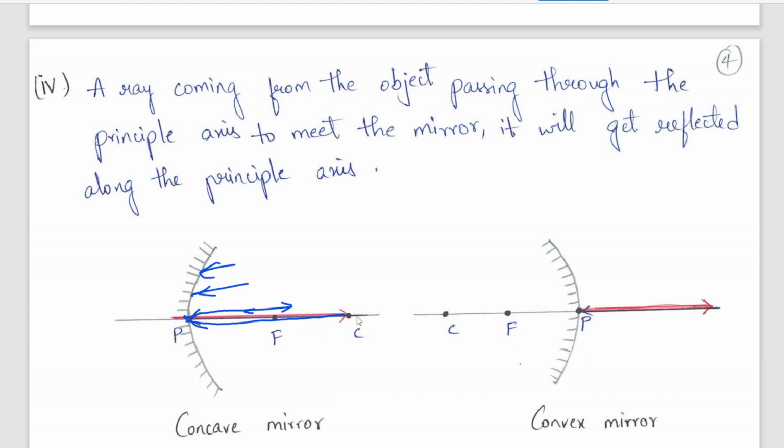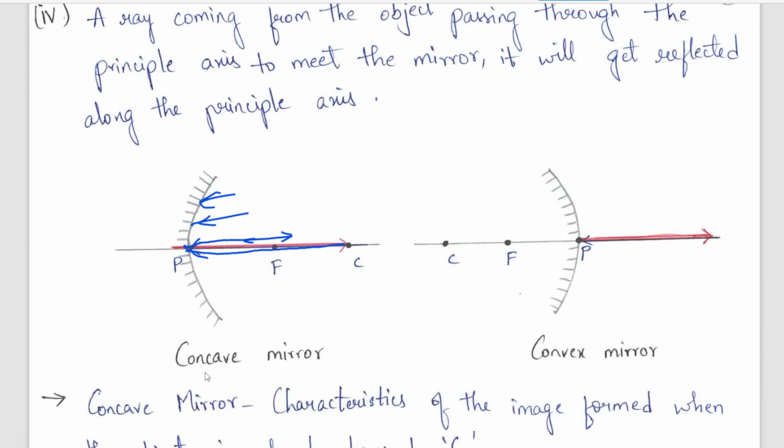This is in case of a concave mirror and this is in case of a convex mirror. So in both cases you see that a ray is falling on the mirror and it is reflected back in the same path. Okay, so this is the fourth rule to draw the ray diagrams.